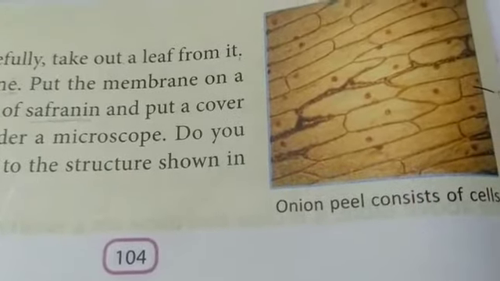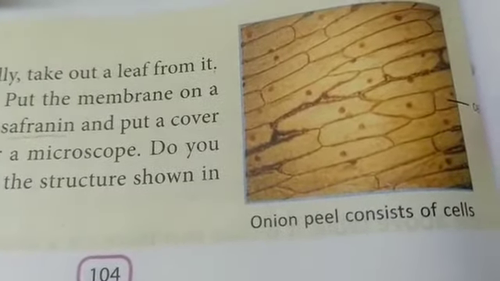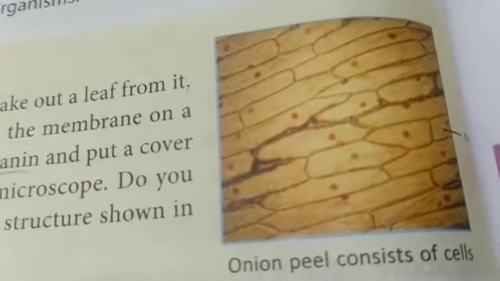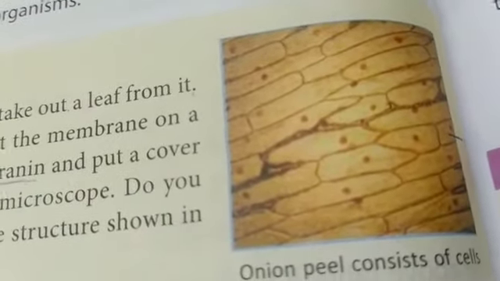So this is your activity 1. Onion peel consists of cells. So this is all for today. Thank you and have a nice day.